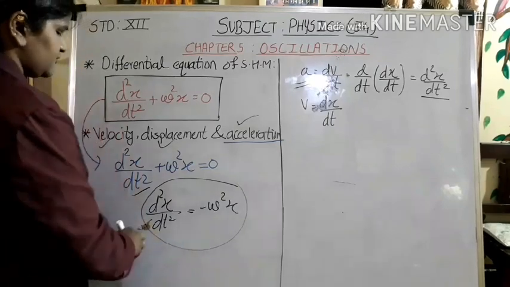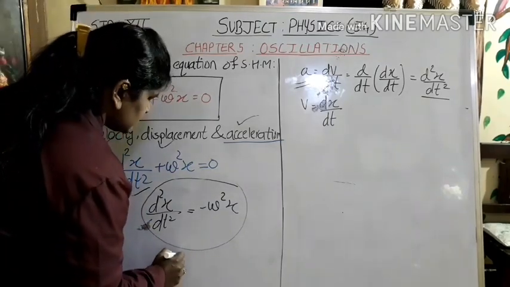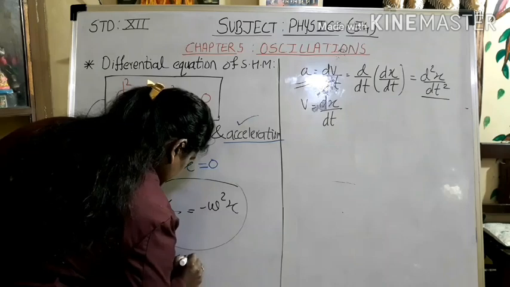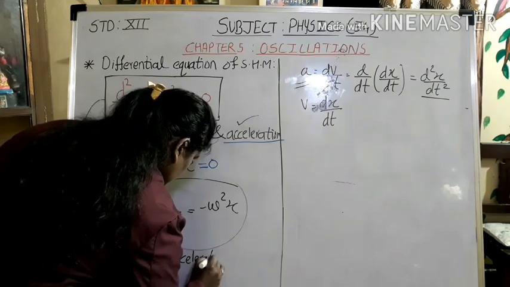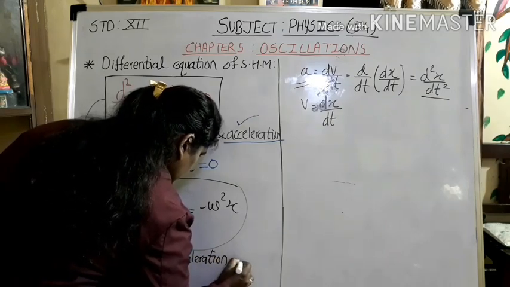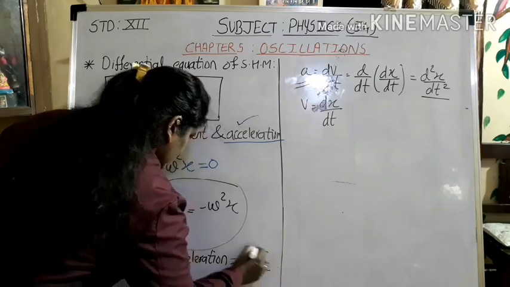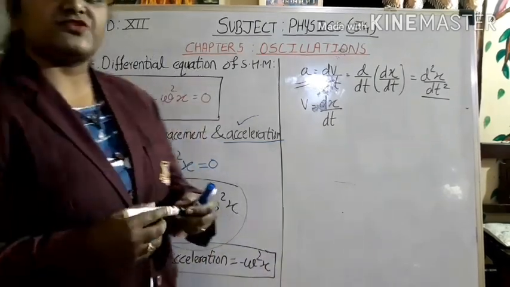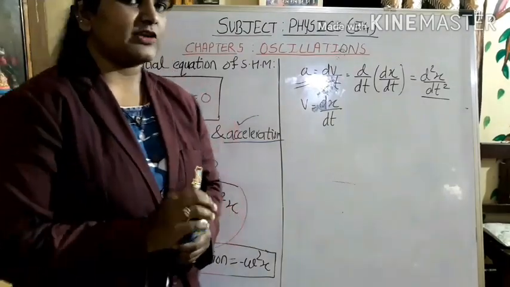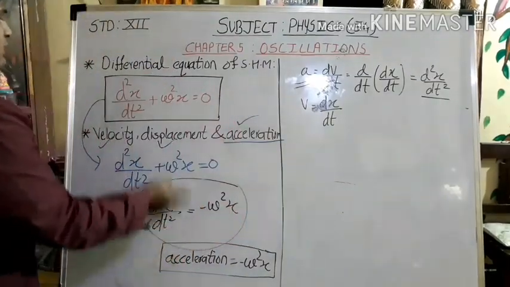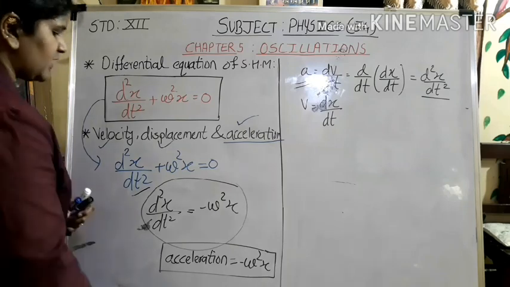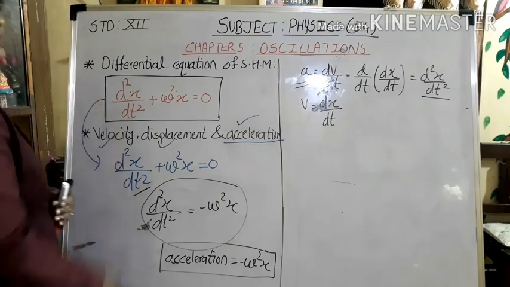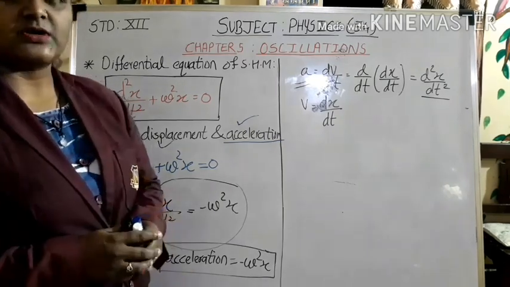So acceleration is given by minus omega square x, and this is the value for acceleration. I hope you got this value. This is very easy. Now we are moving towards finding out velocity first, and then we'll find out displacement.